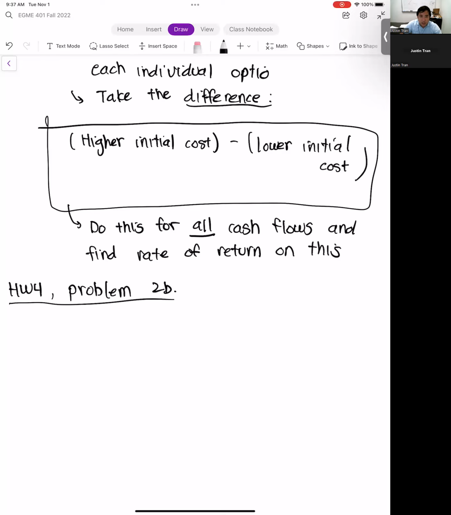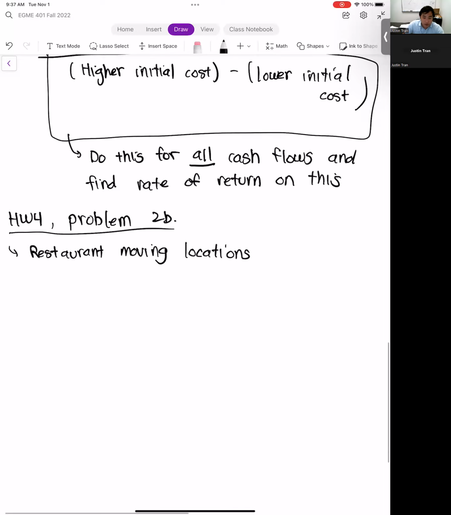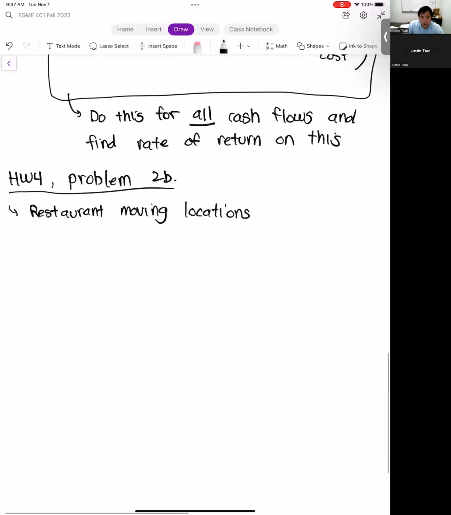Okay. And so in this problem, we take the role of a restaurant, and we're considering moving locations. Okay. And so there are two locations that we want to look at. There's either a Westwood location or a Santa Ana location.